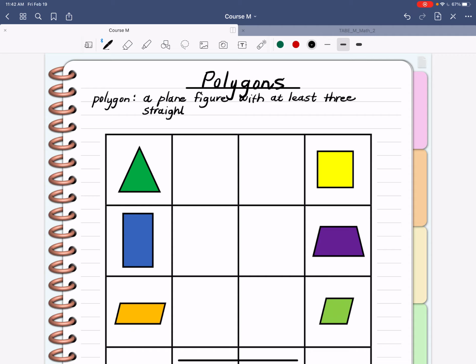So a circle cannot be a polygon. And three angles. That's the simplest polygon. Three sides, three angles, and the sides must be line segments. They cannot be curved to be a polygon.